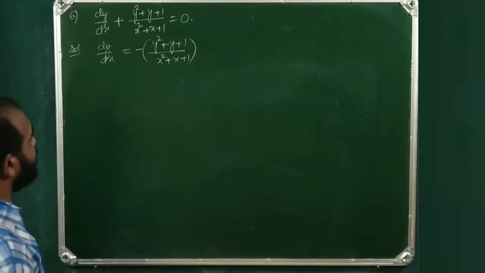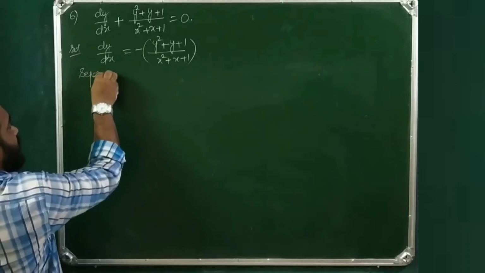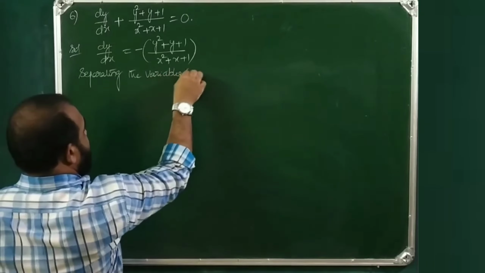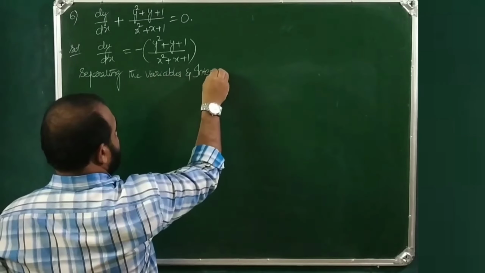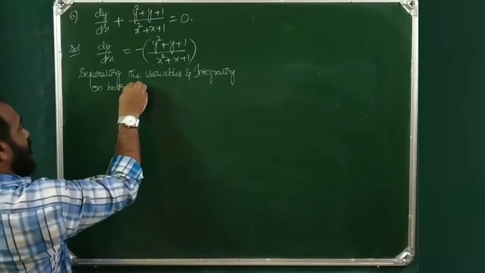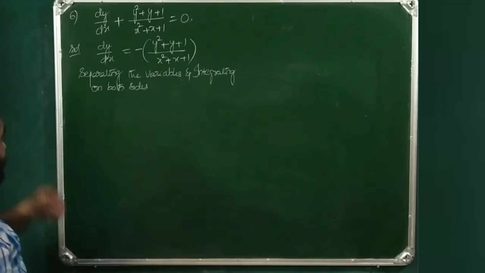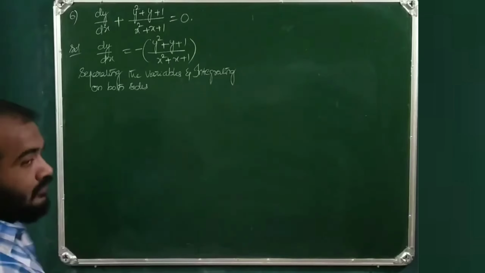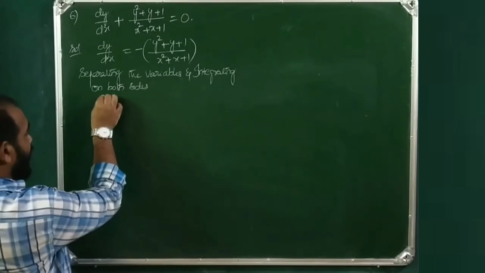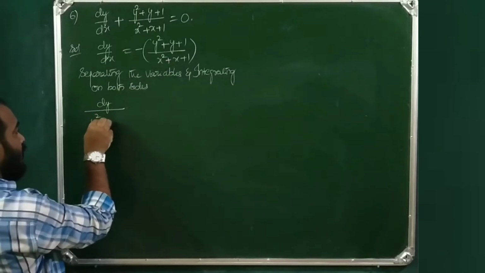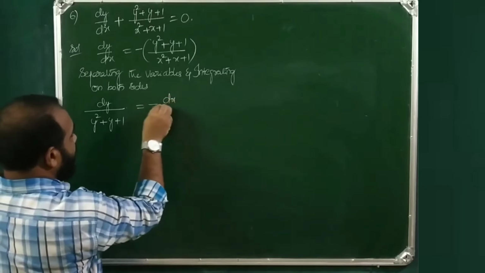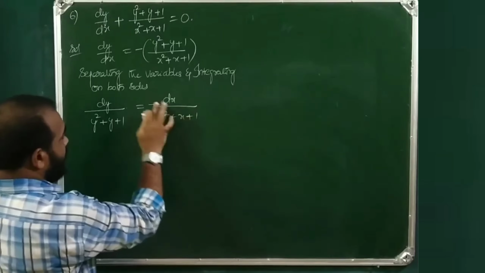So separating the variables and integrating on both sides. dy by (y square plus y plus 1) is equal to minus dx by (x square plus x plus 1).